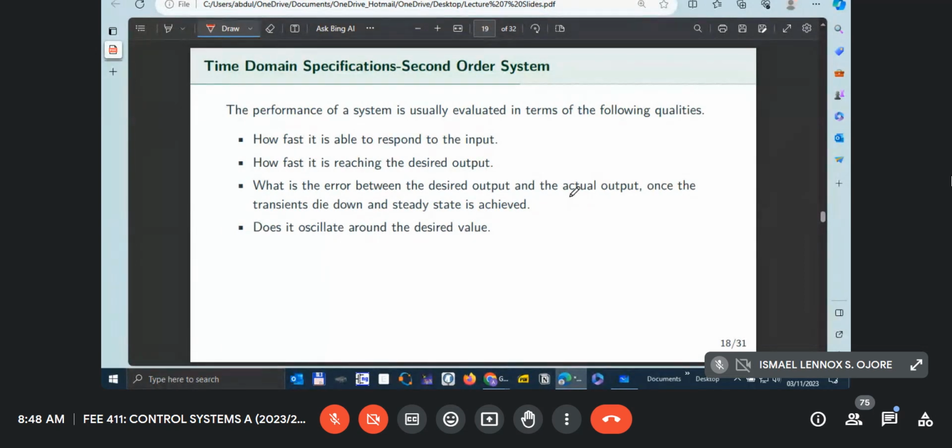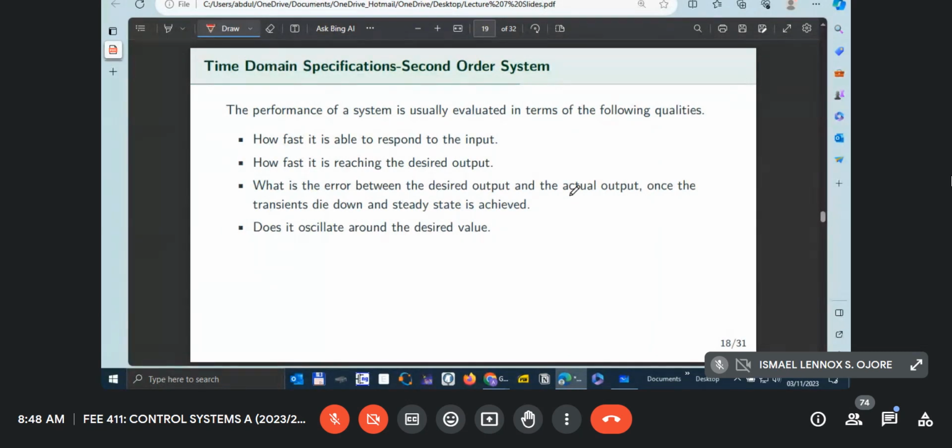But in control, we don't set a system to get sustained oscillation, because remember, we want our output to follow our input. So if the input is 1, we want our output also to be along that 1. Is that clear? Yes, it's very clear. Thanks.